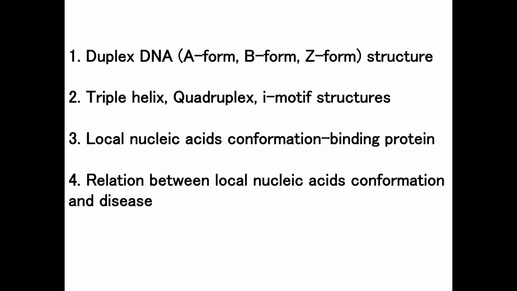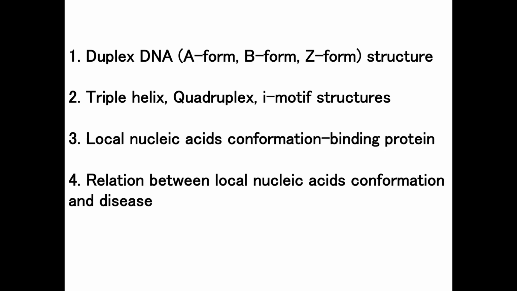This lecture has four chapters. First is about the duplex DNA, including A form, B form, Z form structure. Second chapter is triple helix, quadruplex, I motif structure of DNA.